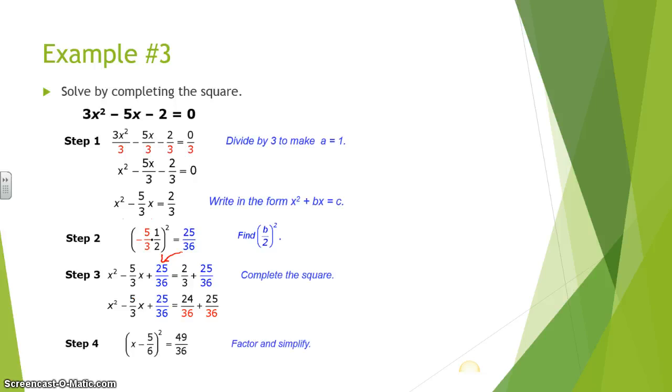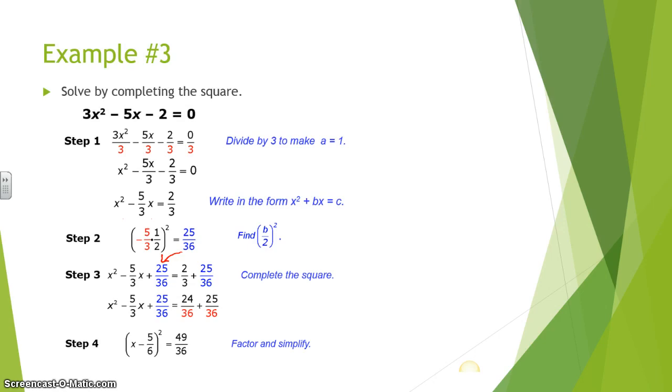And we're going to factor this out. So it's going to be x minus 5/6 squared equals 49 over 36. Then that would be it. So this is going to be my final answer here for this.